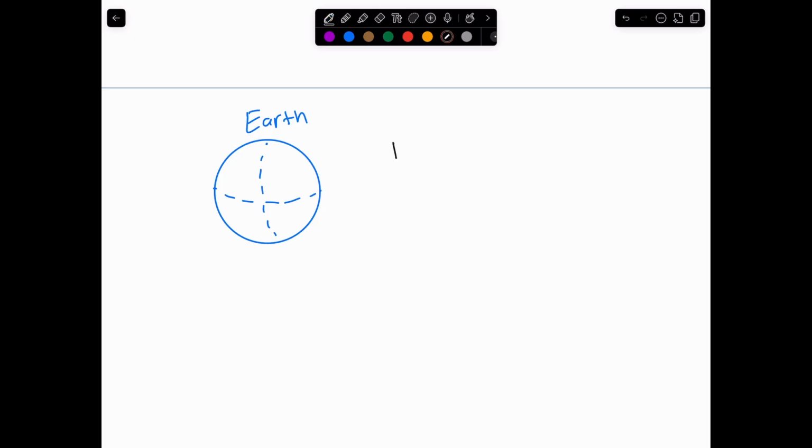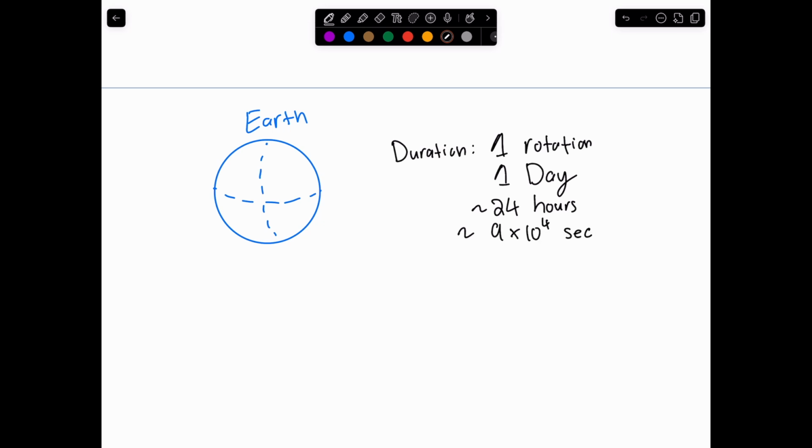So, the duration of this time standard would be one rotation of the Earth, aka 1 day. And one rotation, or 1 day, is approximately 24 hours, which is also 9 times 10 to the 4th seconds, approximately.